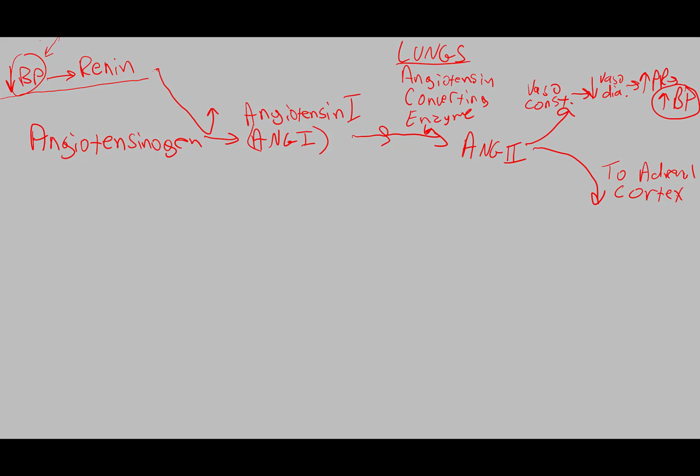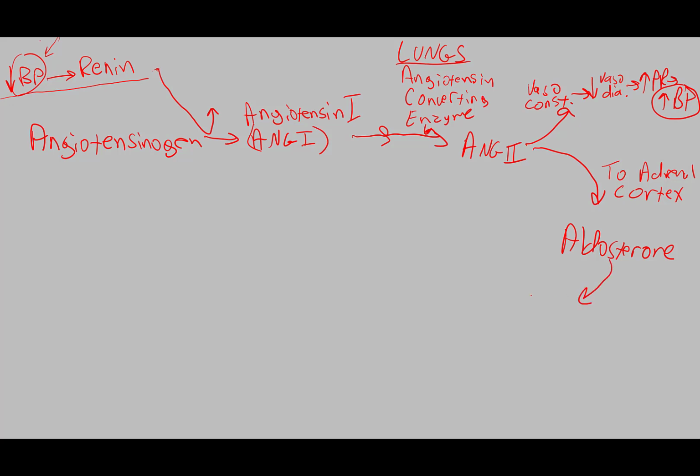We said that it was a stimulus for something, so rack your brains and try to figure out what that was. Ang2 is one of the stimuli for aldosterone. Ang2, in addition to causing vasoconstriction, tells the adrenal cortex to release aldosterone.